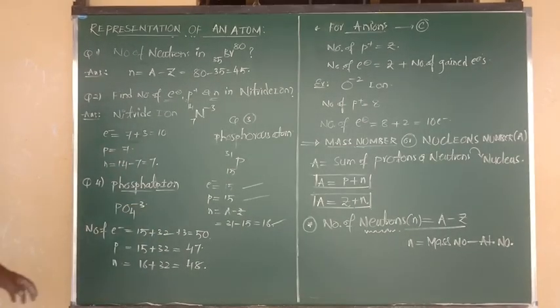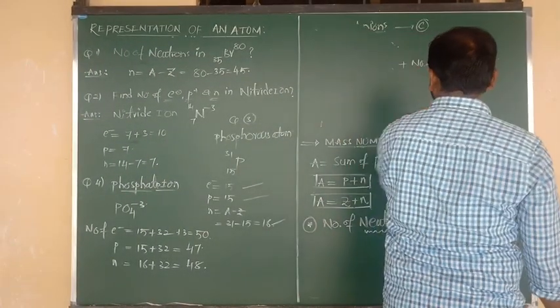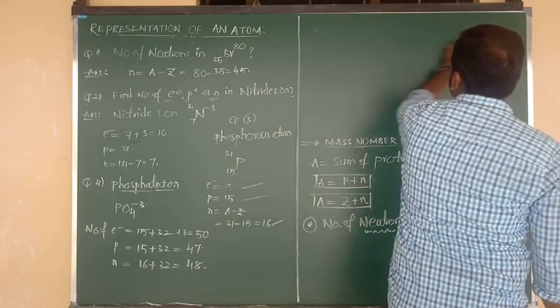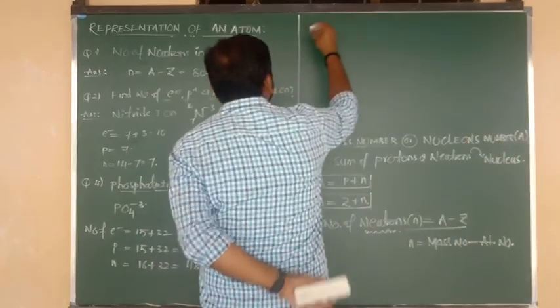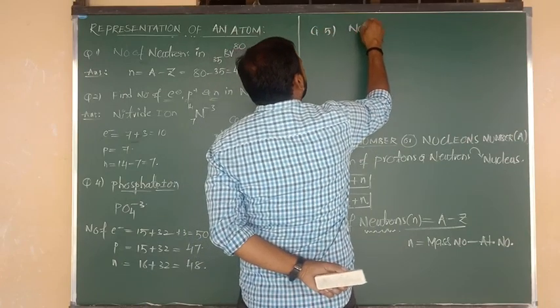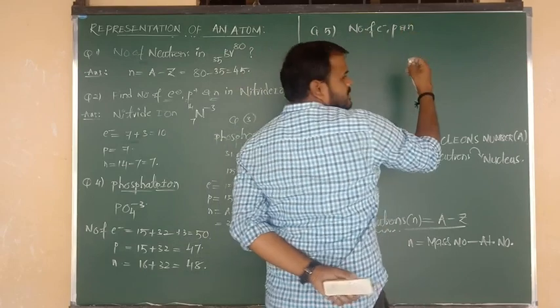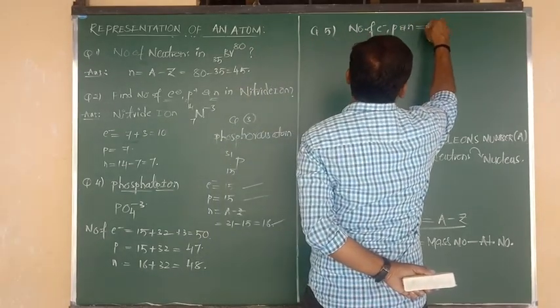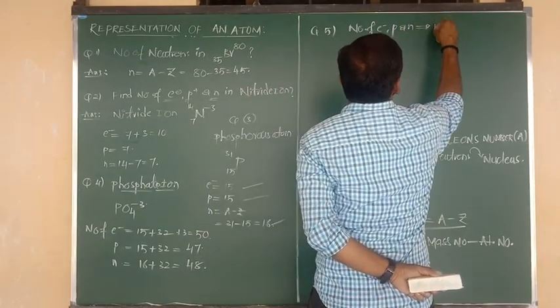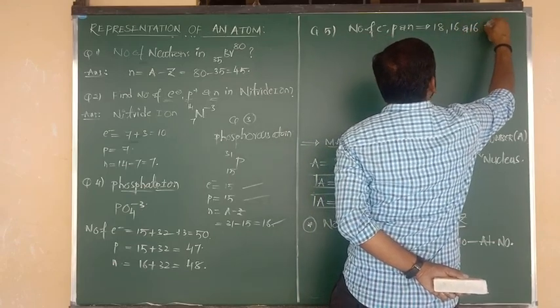Good. So now another question I am going to ask you. The number of electrons, protons and neutrons have been given in the ratio 18, 16 and 16 respectively.